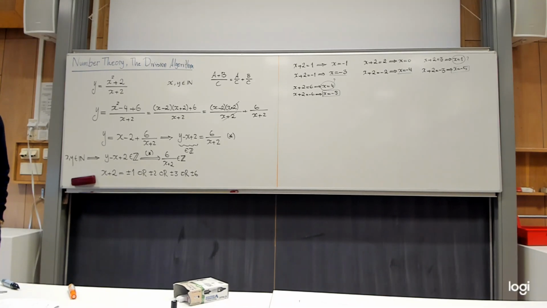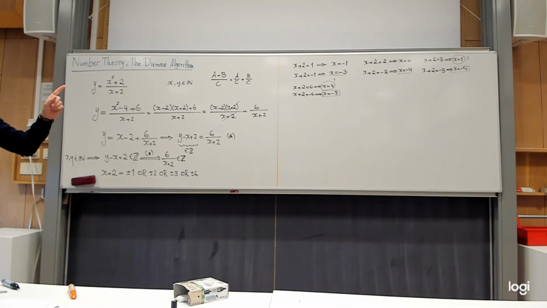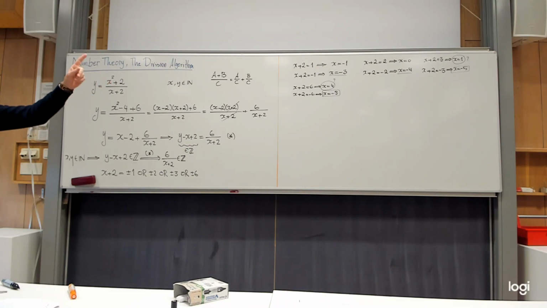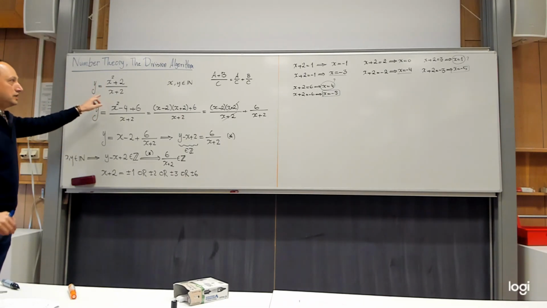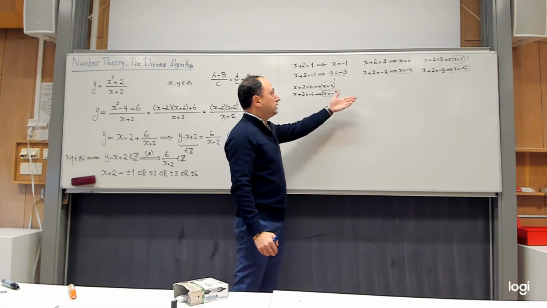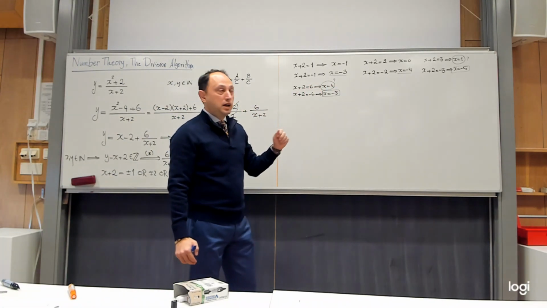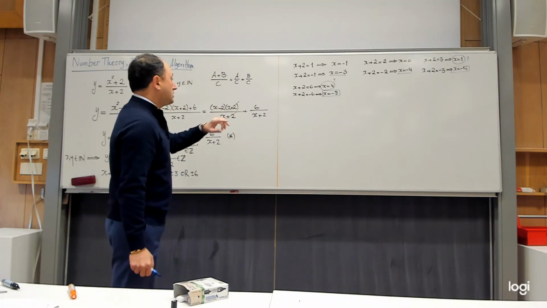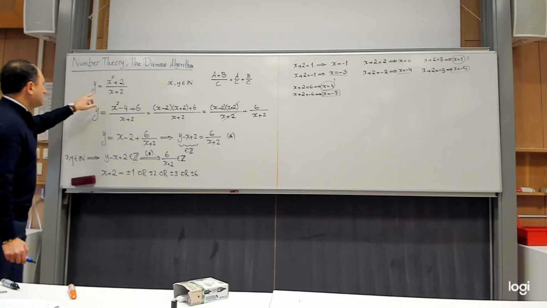But the logic is important. It's not clear yet that these are answers, only potential answers. If there is an answer, I don't need to look everywhere. I need to look only in these 8 numbers, and then I check them. If I take x equal to 1 and put it here, what do I get for y?